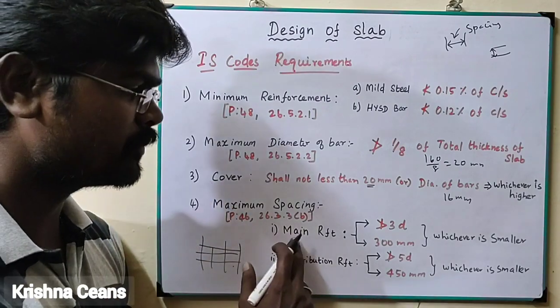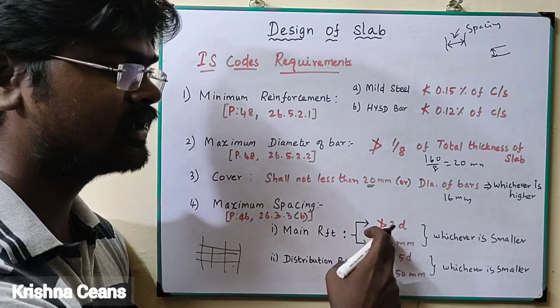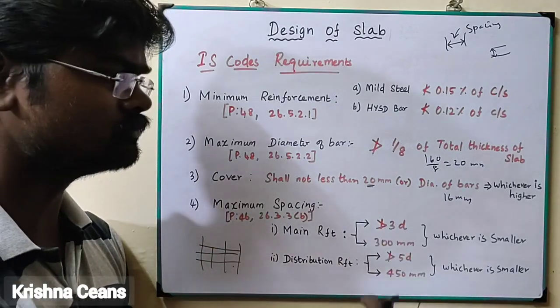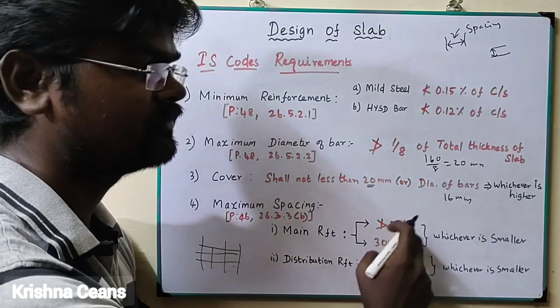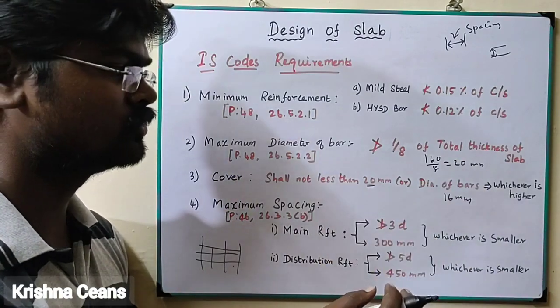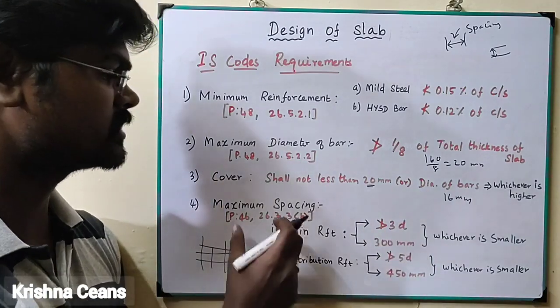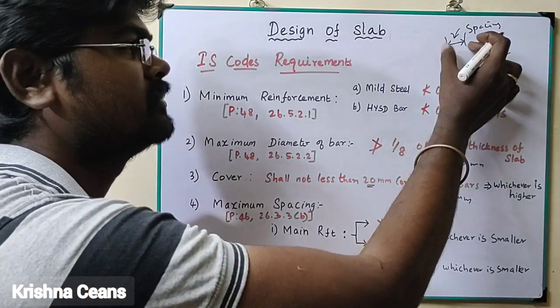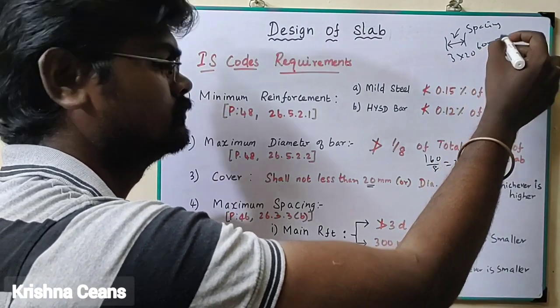The condition for main reinforcement is that spacing should be not greater than 3 times the effective depth d, that is, 3 times d.